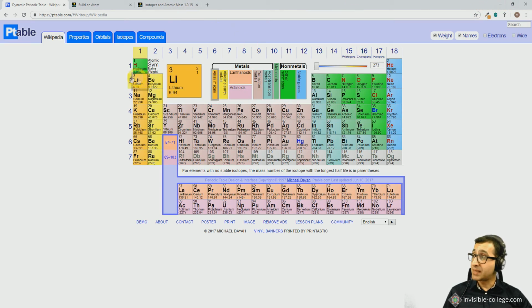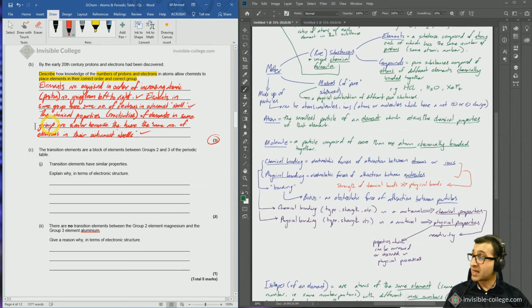And so you could simply say for the third mark instead that the reactivity is based upon the period structure as well, and the period determines the number of electron shells there are between the nucleus and the outermost shell. But anyway, that gives you an idea of how to get those 3 marks.